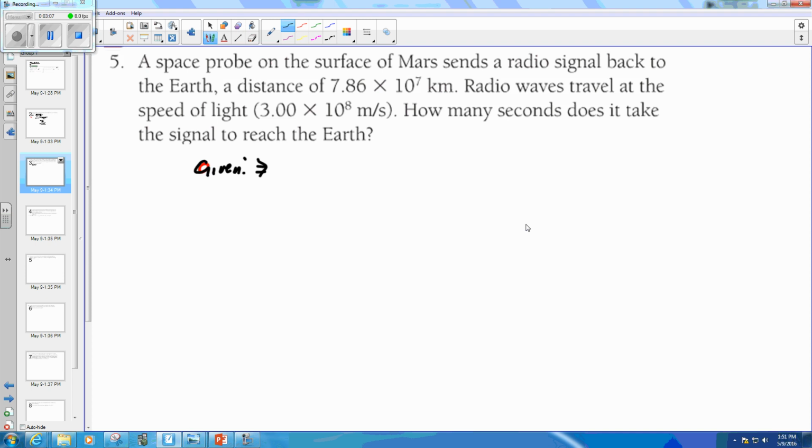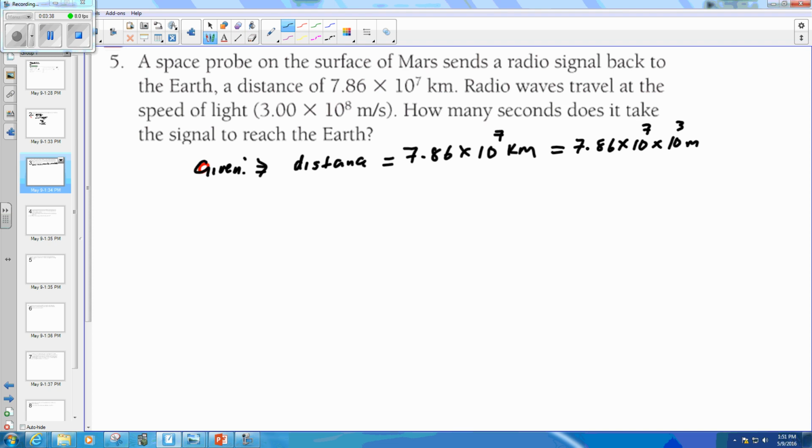So we'll say given the distance, and the distance that is given here is 7.86 times 10 to the power 7 kilometers. But remember, a kilo is not a unit. A kilo stands for 10 to the power 3. So I can change this and say this is 7.86 times 10 to the power 7 times 10 to the power 3 meters.